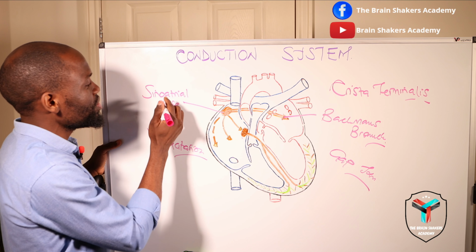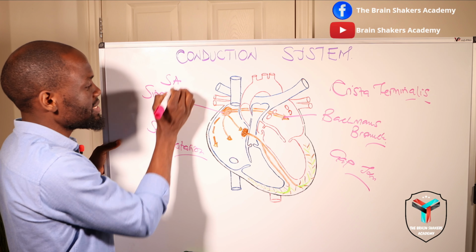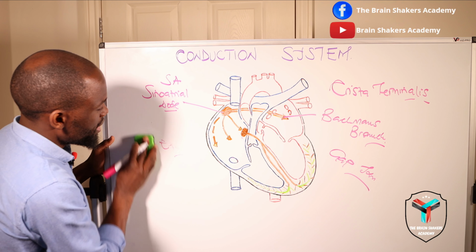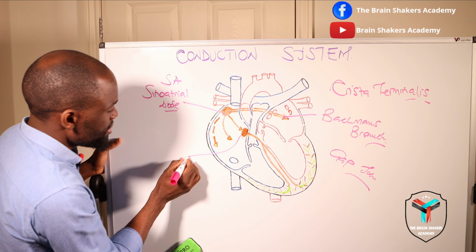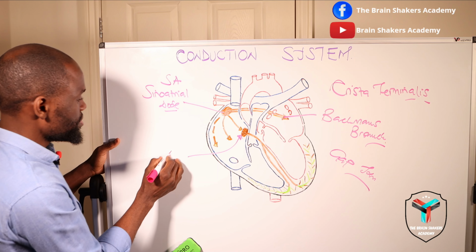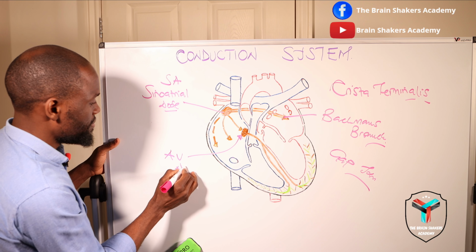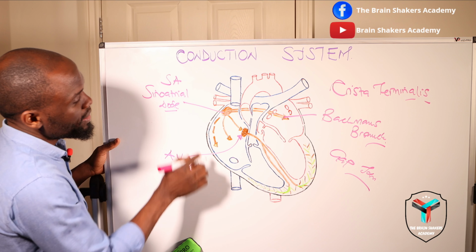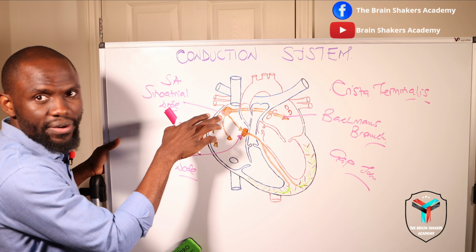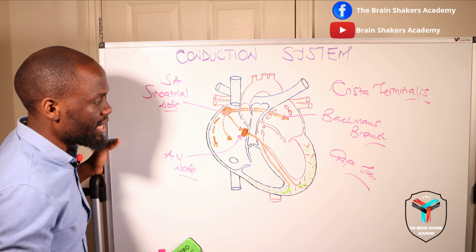So this is the sinoatrial node, also abbreviated as the SA node, and this one is what we are going to refer to as the atrioventricular node or the AV node. Once the action potential has been generated here, it is then passed to the AV node.